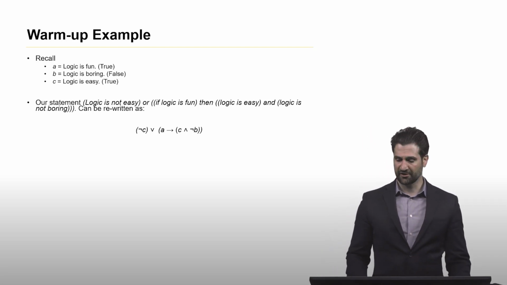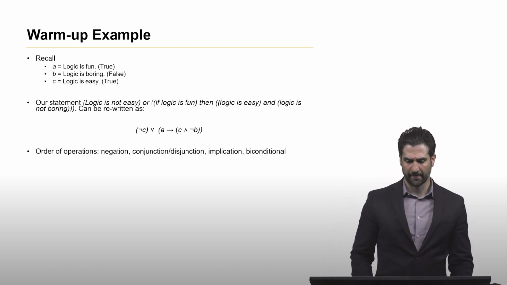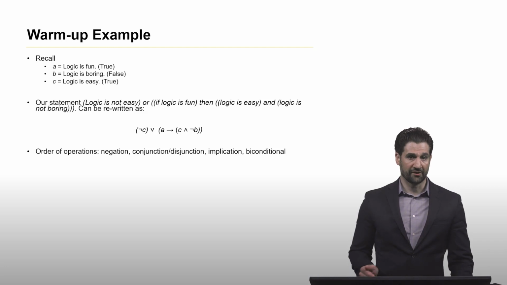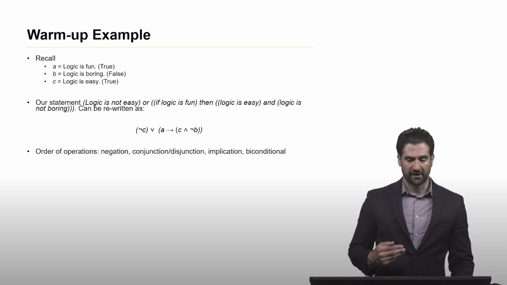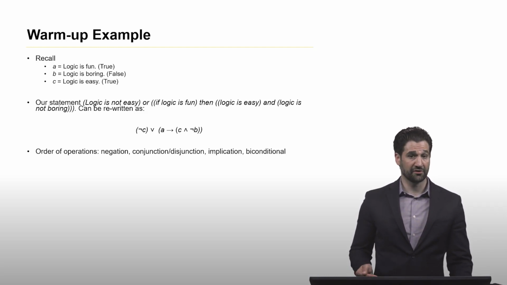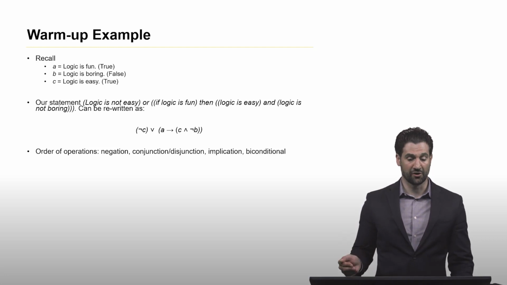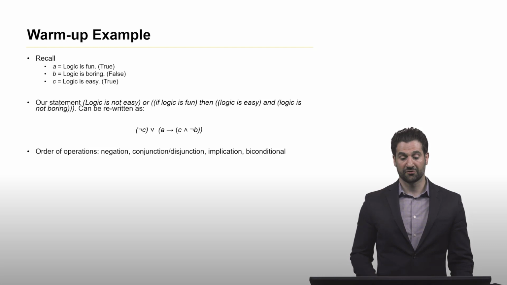So we'll start with evaluating not C, and we'll go from there. The order of operations for this type of evaluation is, if there are no parentheses, you always want to start with negation, then go to conjunction and disjunction, followed by implication, and finally the biconditional.